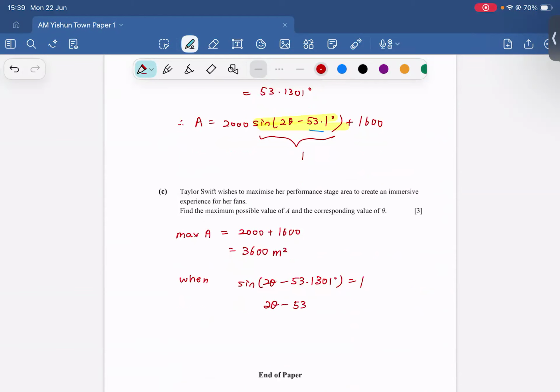Sine 90 equals 1, so this thing must equal 90 degrees. Then we just solve. So 2 theta equals 143.1301 degrees. So theta equals 71.565. We round it off to 1 decimal place, 71.6 degrees.